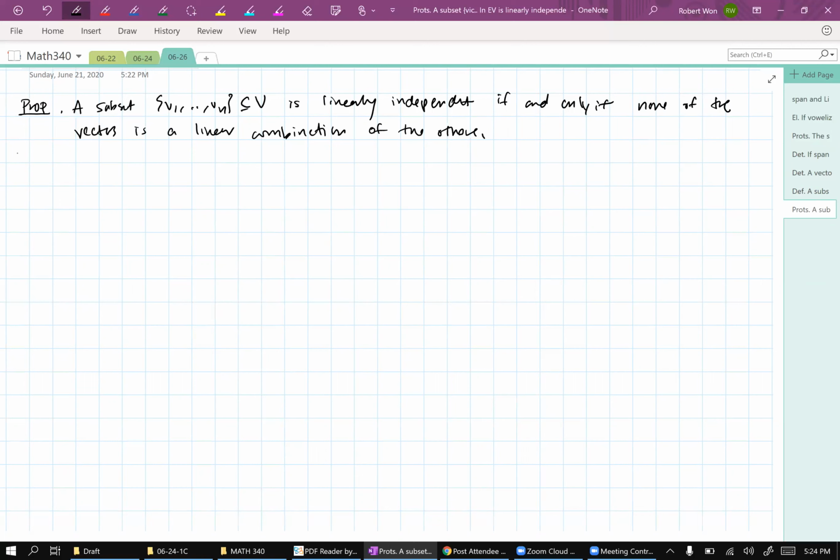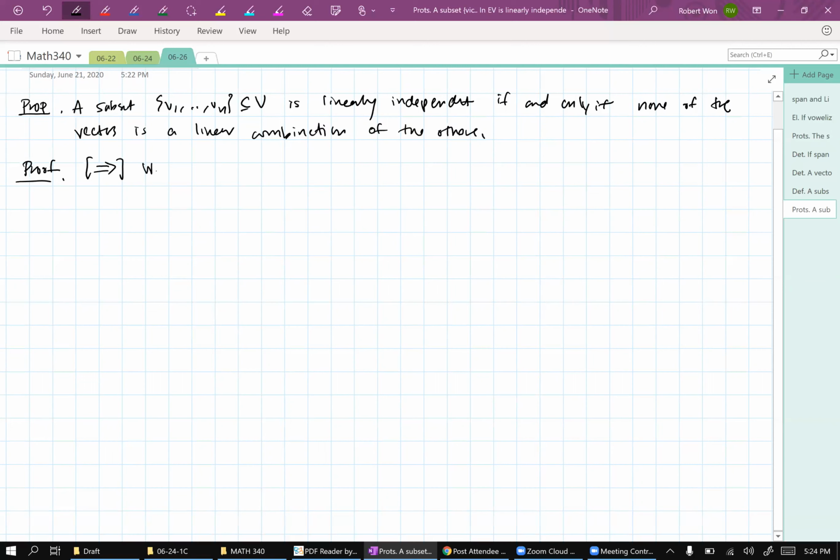Okay, so let's prove this. This is an if and only if, so there are two directions. And I'll prove both directions by the contrapositive. So what is this direction? This direction is: if the set is linearly independent, then none of the vectors is a linear combination of the others. Let me prove the contrapositive, which is: if one of the vectors is a linear combination of the others, the set is not linearly independent.